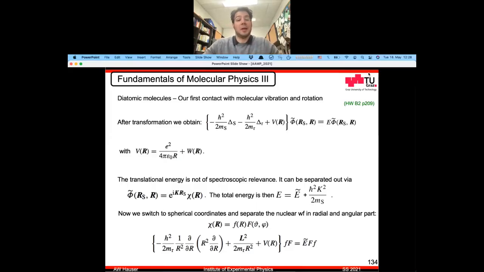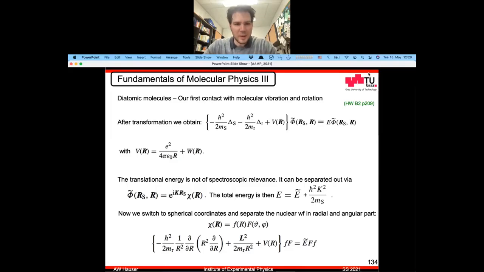So we can separate it out by saying our nuclear wave function in coordinates Rs and R is simply an exponential function e to the ikRs multiplied by some yet unknown function chi of R.